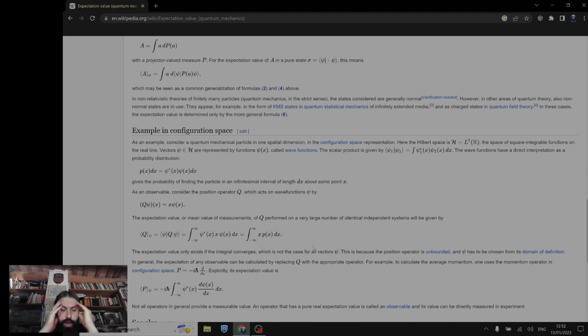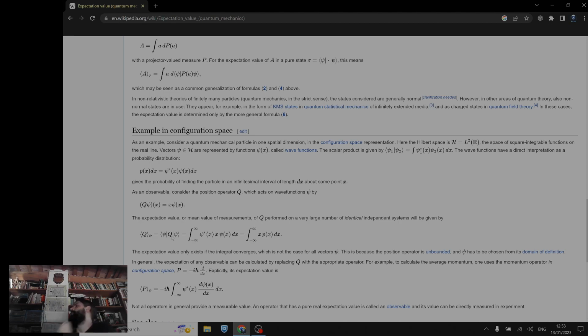I'm not so sure, although from a sequential perspective, that's a bit odd, right? You have the state, then you apply the operator, and then you evolve the state.